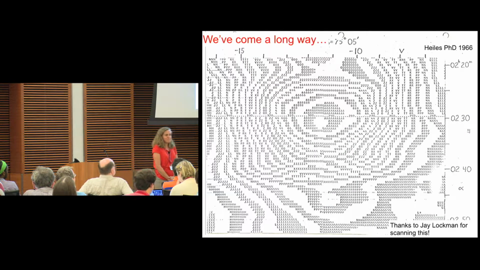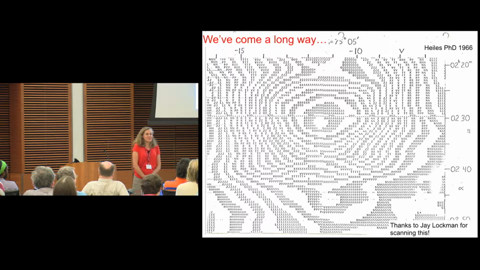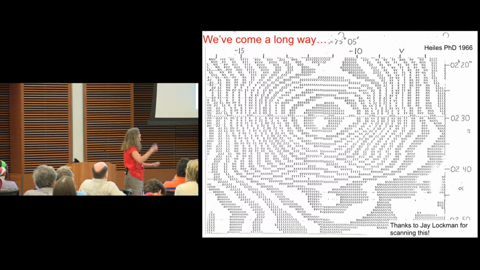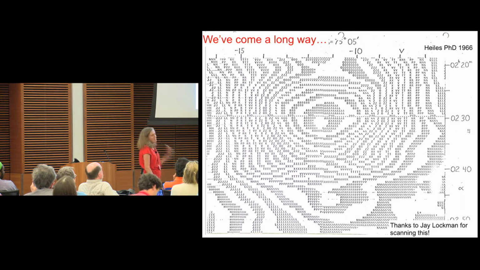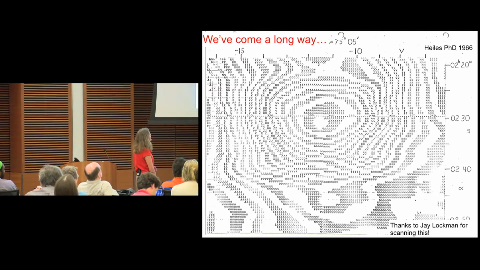Jay Lockman showed a bit of Carl's thesis this morning. He showed a picture, or he showed the front of it and how it scanned out. He scanned a whole bunch of pages and sent them to me, and I think they are amazing, Carl. These pages are incredible. I had never seen anything like this, which shows my age, I guess, as being significantly younger.